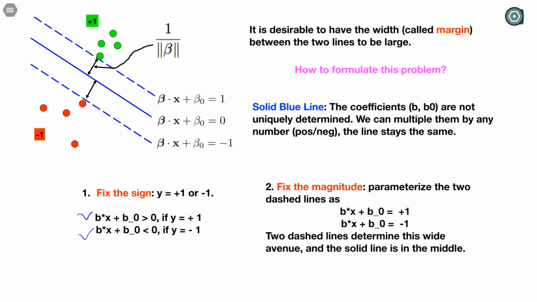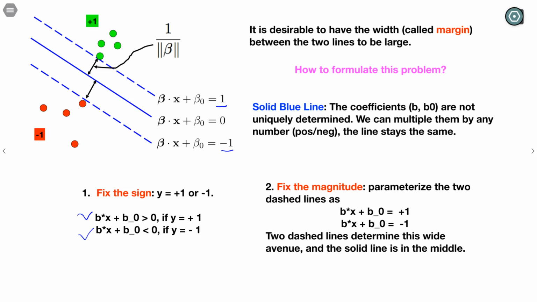Next, we want to fix the magnitude or the scale, meaning we cannot just scale beta and beta 0 by some positive number. How do we fix this magnitude? There are 3 lines, the solid line in the middle and the 2 dashed lines on both sides. And then we want to parameterize the 2 dashed lines as beta x plus beta 0 equal to 1 or minus 1.